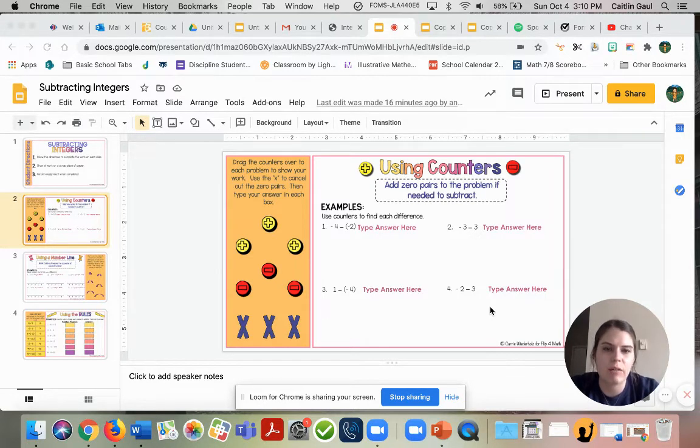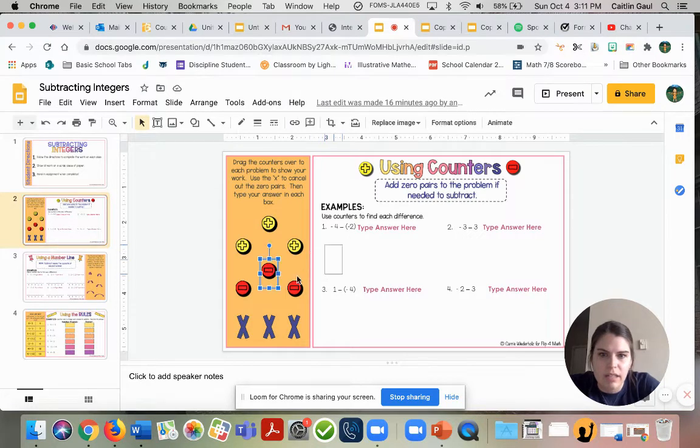So using counters. For me, this is actually the most difficult, but here's kind of how this would work. So it says use counters. To me, this says that I have -4. So I'm going to start by dragging and dropping -4 counters on there, preferably in a line, but if not, it's not the end of the world.